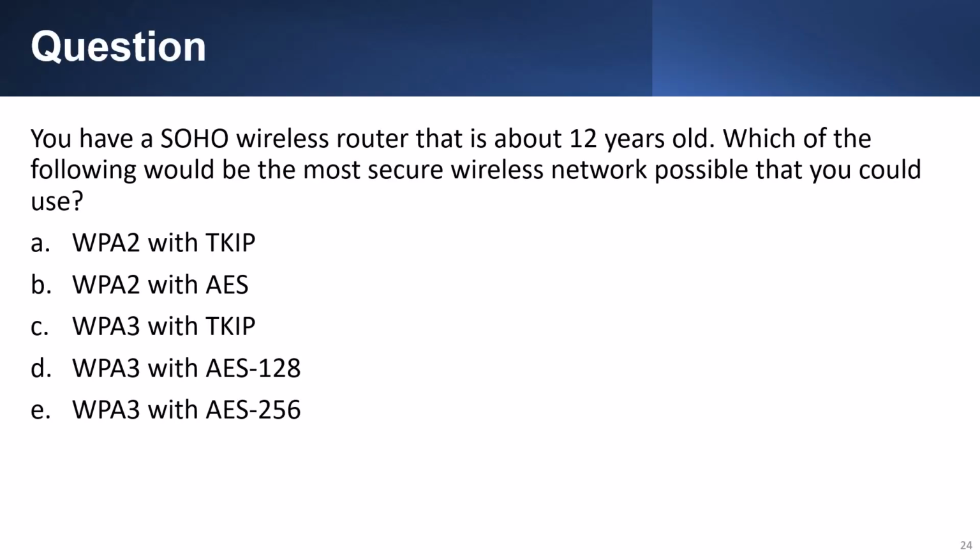Question: You have a SOHO wireless router that is about 12 years old. Which of the following would be the most secure wireless network possible that you could use? Answer: WPA2 with AES.